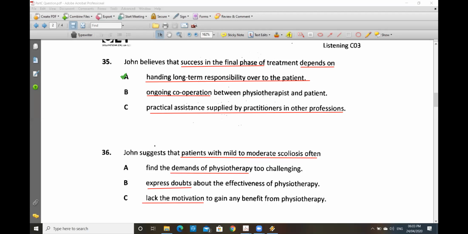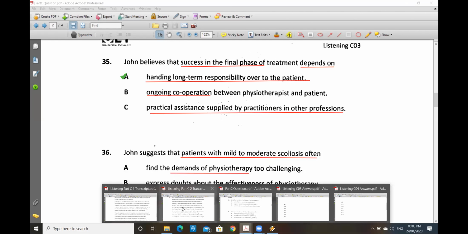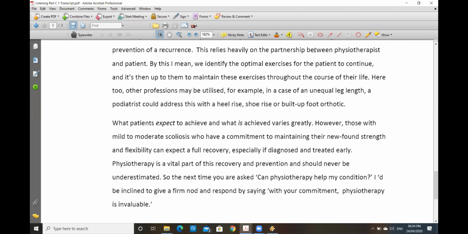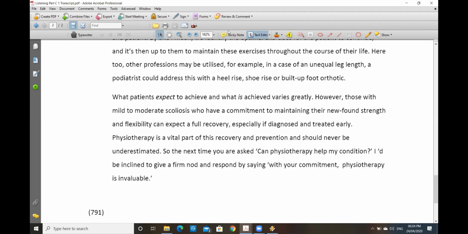Here you can see that the major part of the extract focused on how people ask questions about the effectiveness of physiotherapy, and depending on that the success ratio can also change.